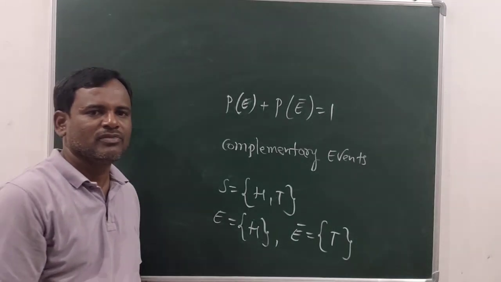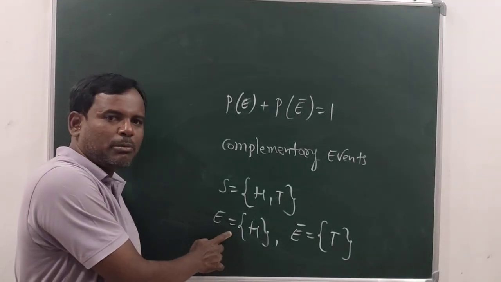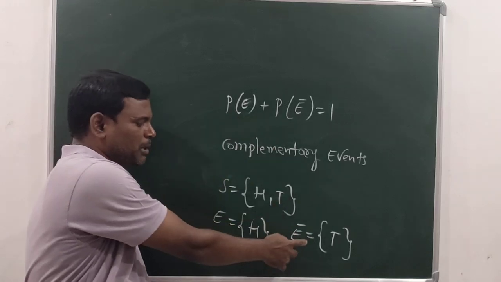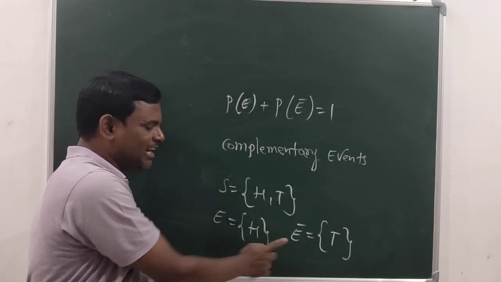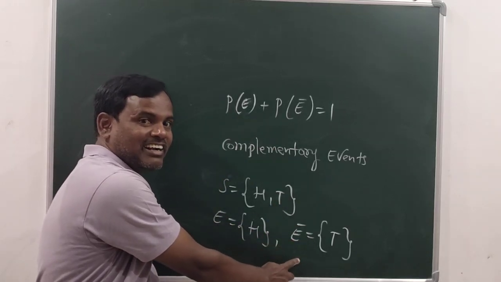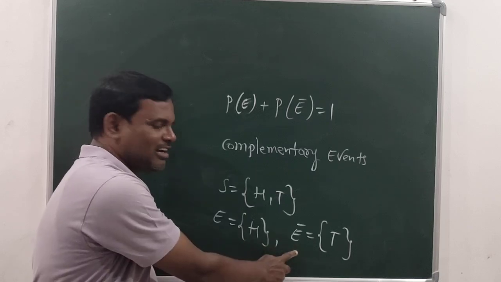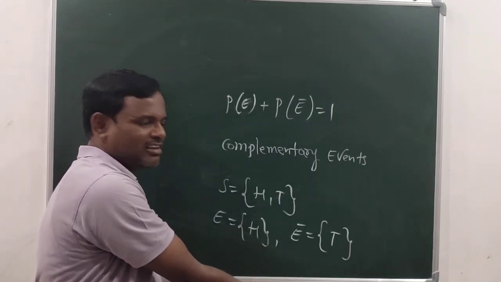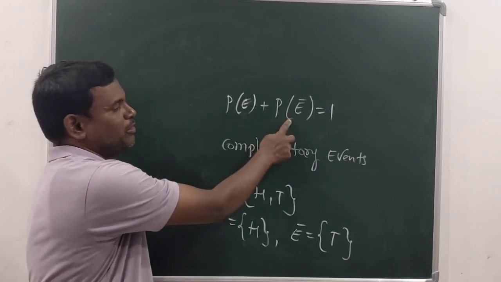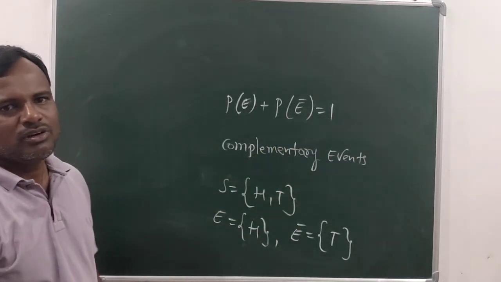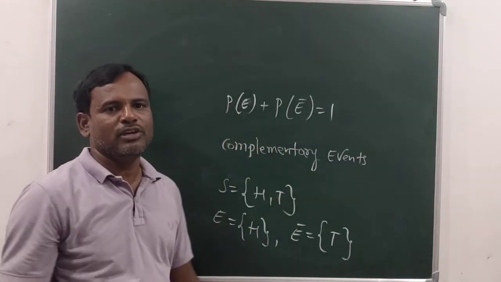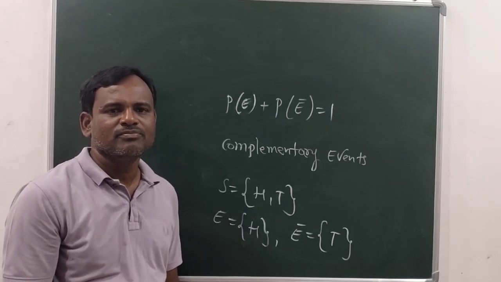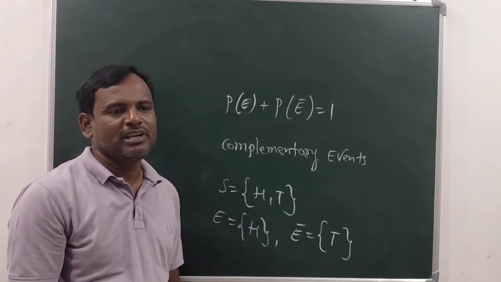Tail. Now, what is the probability of getting head? 1 by 2. What is the probability of not getting head? Not getting head means we may get tail, 1 by 2. 1 by 2 plus 1 by 2 is 1. So whenever P of E plus P of E bar equals 1, then E and E bar are called complementary events.